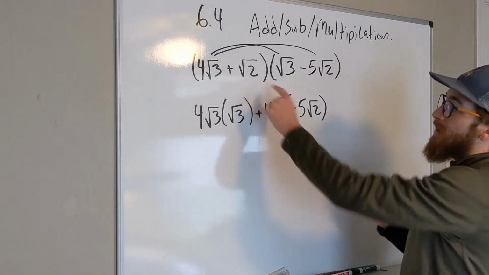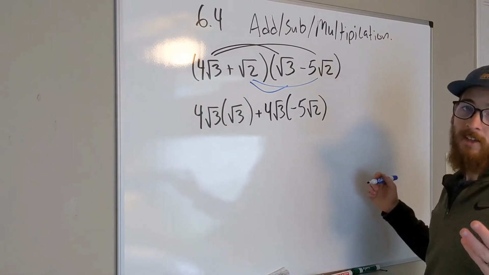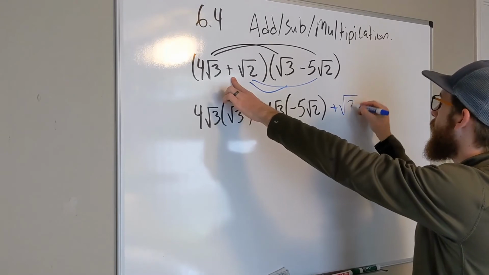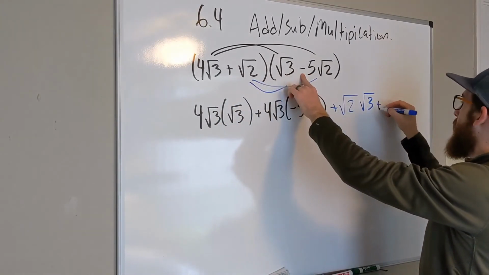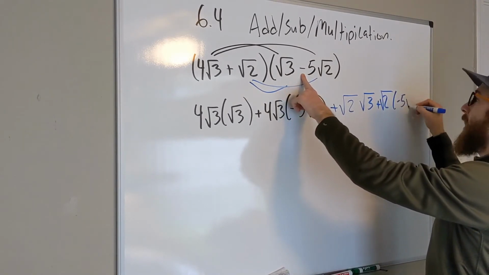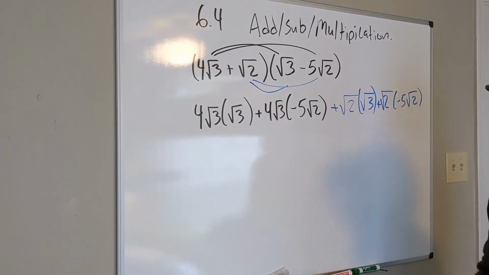Now, we have to do the second piece. Boom, boom, like that. Yeah, same thing, just different pieces. So, plus square root of 2 times square root of 3 plus square root of 2 times negative 5 square root of 2. I'll put those.